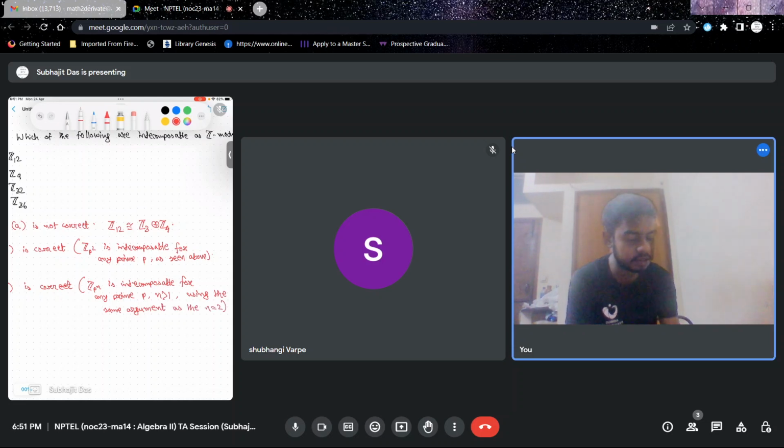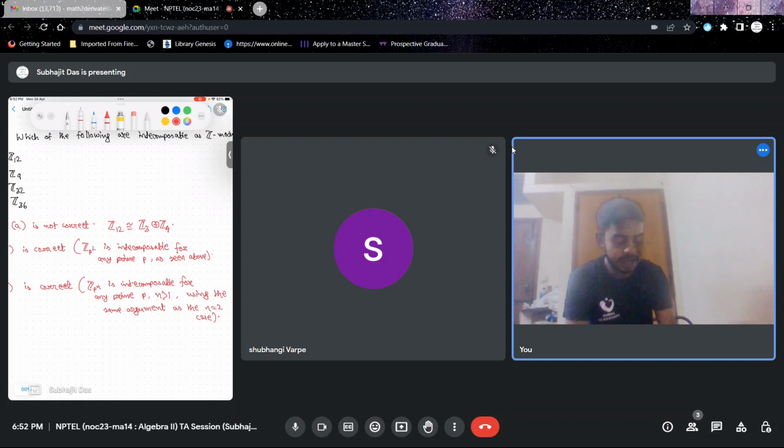So what you do is you simply write Zp to the power n as a direct sum of two submodules M and N, and assume both of the submodules M and N are non-zero. So their possible orders will be either p or p square up to p to the power n minus 1. And if both of their orders are some power of p between p and p to the power n minus 1, then if you consider their direct sum, every element there will have order at most the maximum of their orders, right?